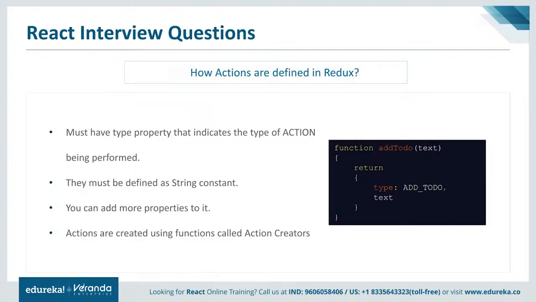What it returns is a type, which says what type of action it is, ADD_TODO. They must be defined as a string constant, and we can add more properties to it. That is not a problem with the action. You can add as many properties as you want, but the most important part for an action is that it needs to have a type property, and actions are created using functions called action creators.